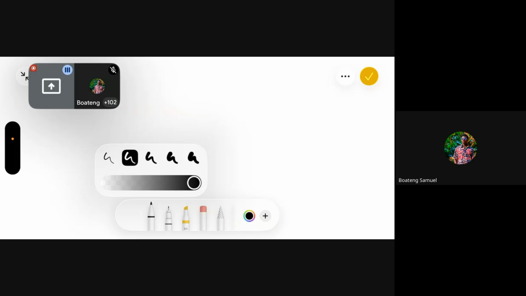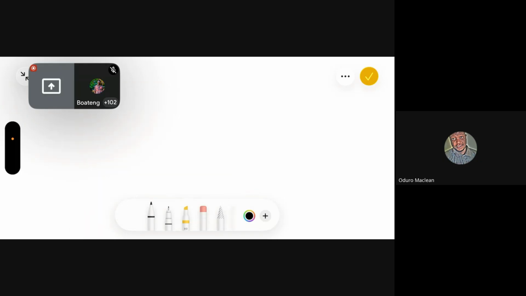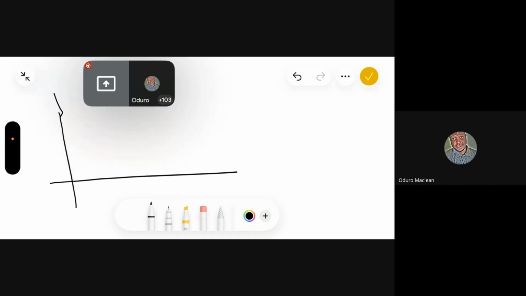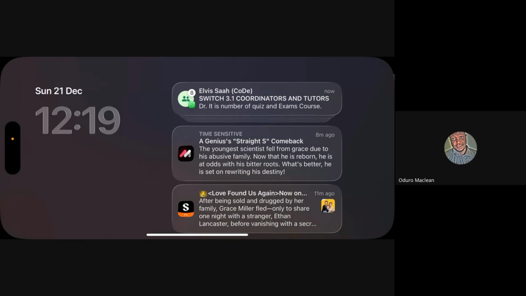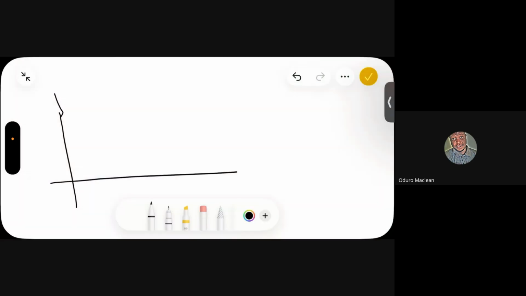So I want to draw. I have my XY plane. Let me try and draw the points. What's the coordinate of P? P is 1, 2.